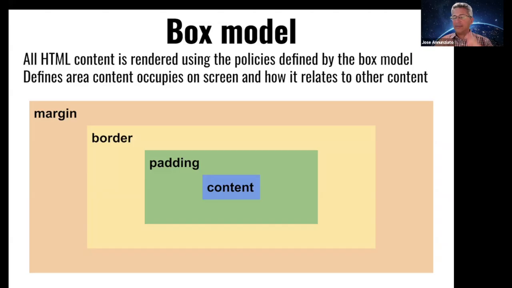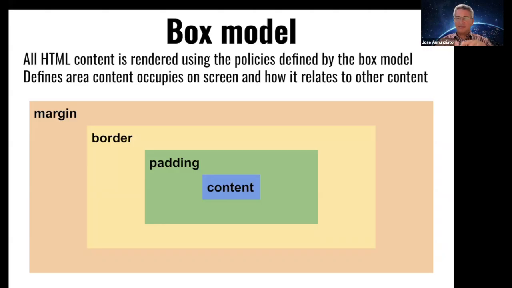Every single element has a box model. Every single content has a rectangular area that tells it where the XY position is, where on the screen it is, what's its distance from the top and the left of the screen, of the edges of the screen, also how wide it is, how tall it is.